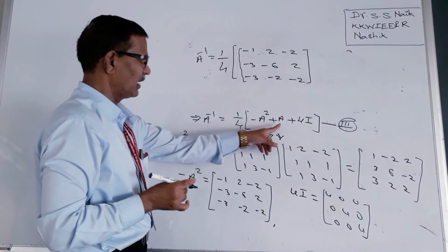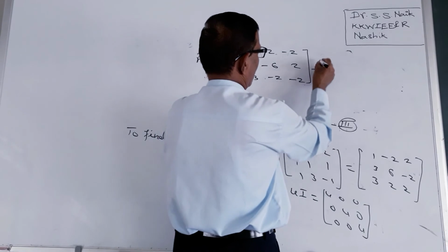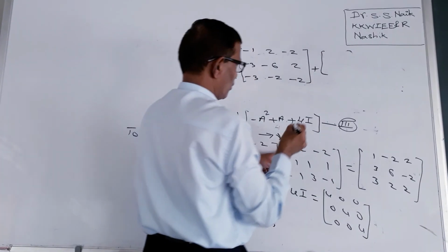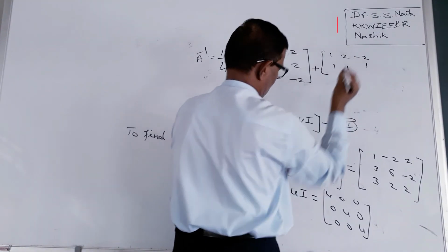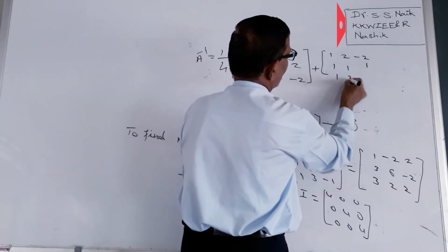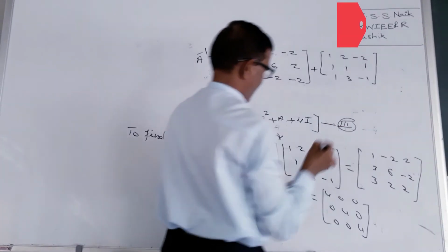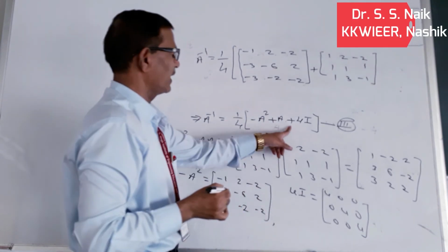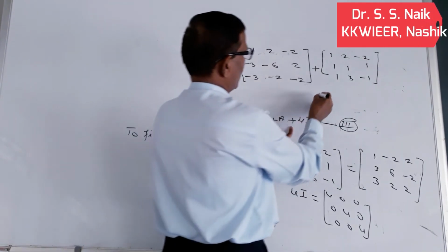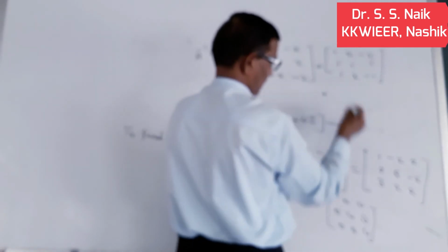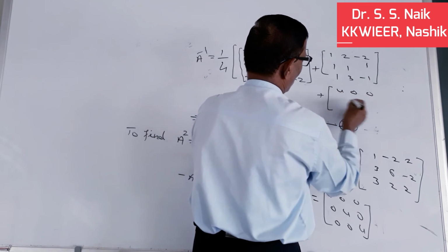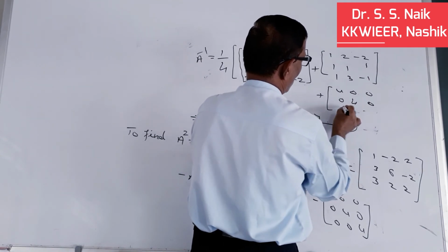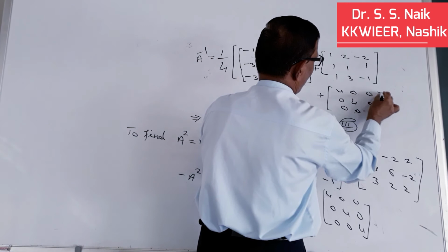Then plus A, which is 1, 2, minus 2, 1, 1, 1, 1, 3, minus 1. And then plus 4I, which is 4 0 0, 0 4 0, 0 0 4.